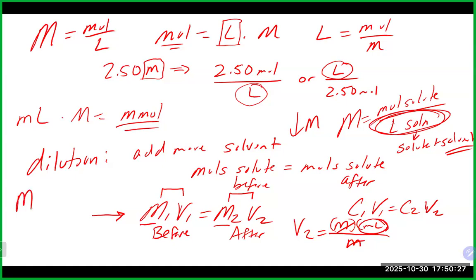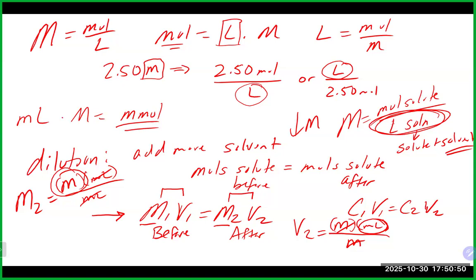If you were solving for M2, M1 would be molarity, V1 would be milliliters, V2 would be milliliters. Those cancel and you're back to molarity as well. So if you're using that equation and doing a dilution problem, you can leave the volume in milliliters. It will cancel out correctly.